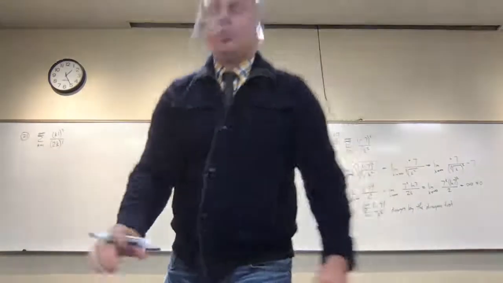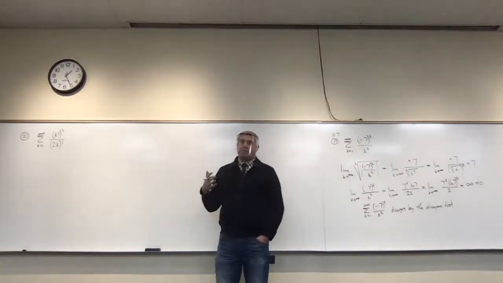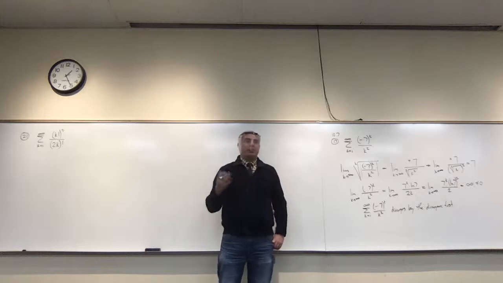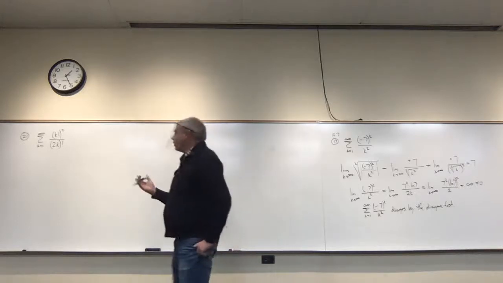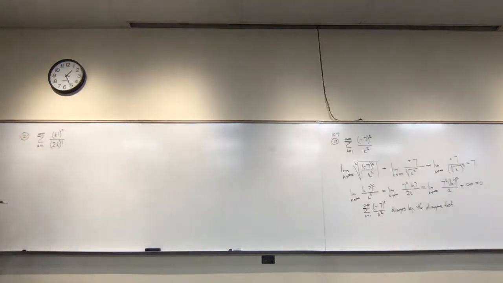Now, the one thing that is nice about this problem is it has factorials. And whenever you see a factorial, it should basically be screaming at you, please use the ratio test. The ratio test works wonderfully with factorials. So let's go ahead and do it.